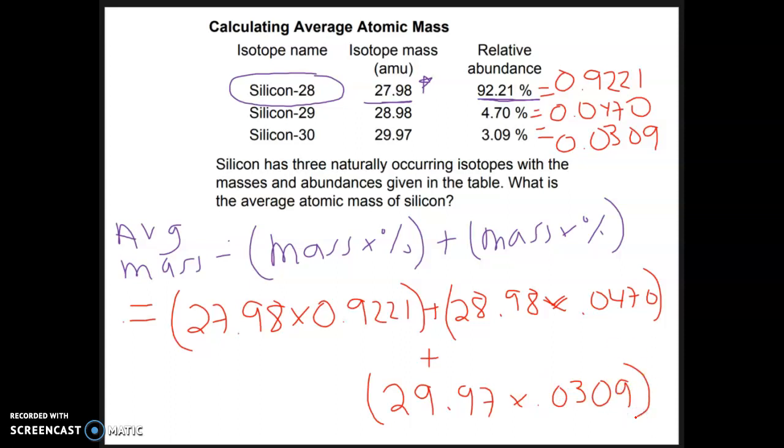Give you a second, plug that into the calculator, and you should get 28.088. And the unit for average atomic mass is AMU, or you might see just U.